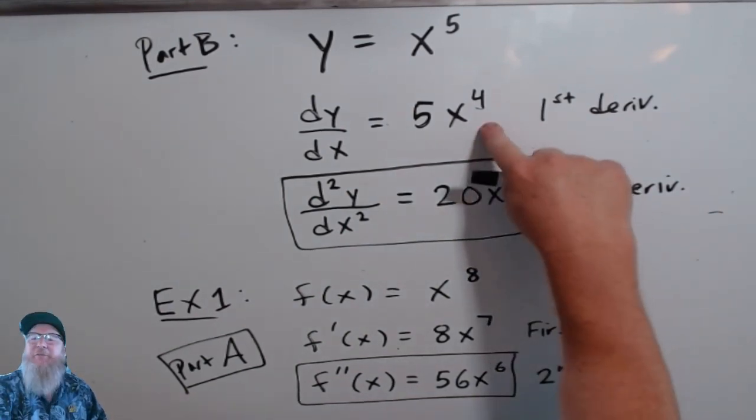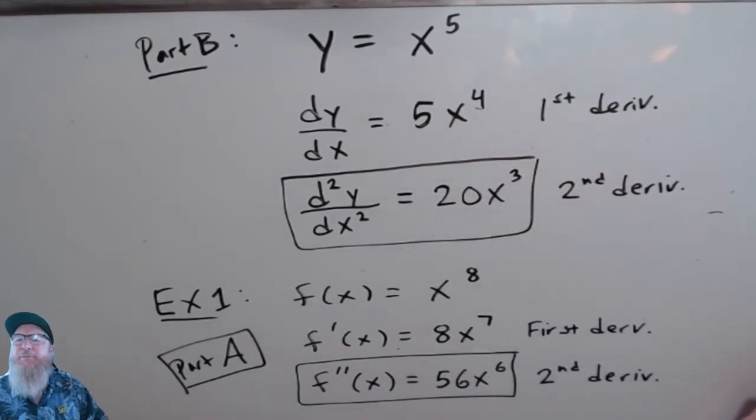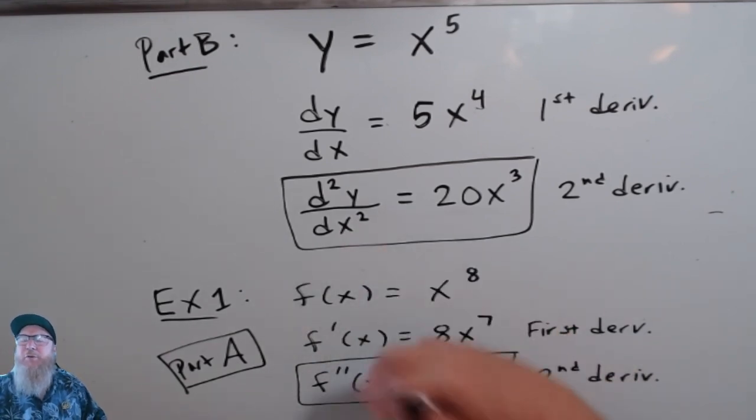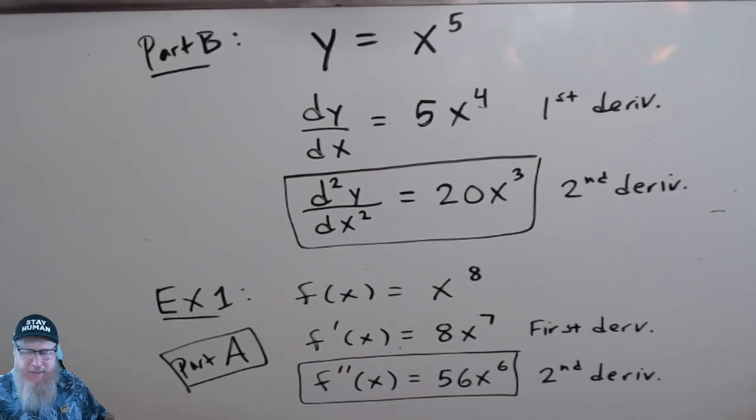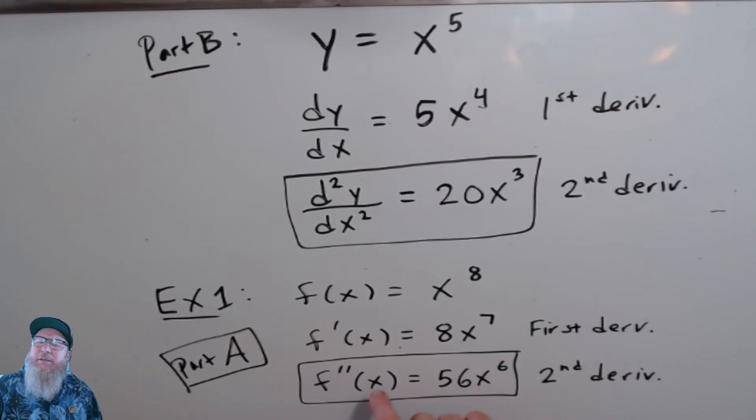You have to take the first in order to get to the second. So those are the two most common notations. I know this one's called Leibniz. I think this one's called Laplace or something. They're named after a Frenchman, Laplace, and then Leibniz is a German.